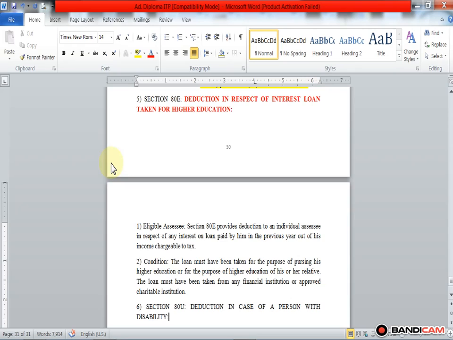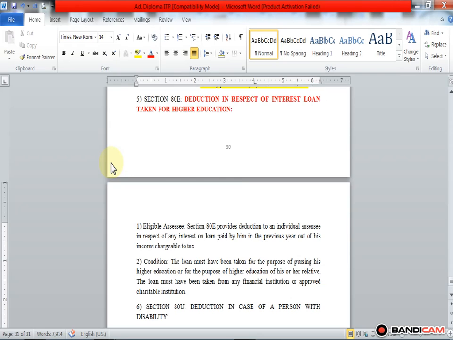So the eligible assessee will get a deduction under section 80E, and the conditions are given here. The assessee will take a loan for the purpose of higher education or for the higher education of his or her relatives. The loan must have been taken from any financial institution or approved charitable institution.